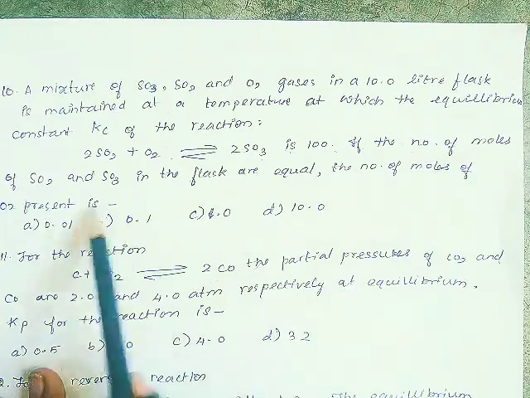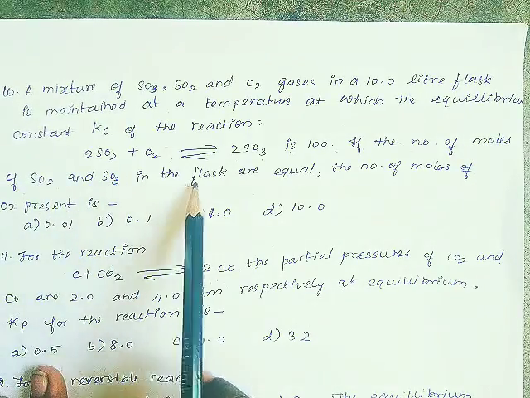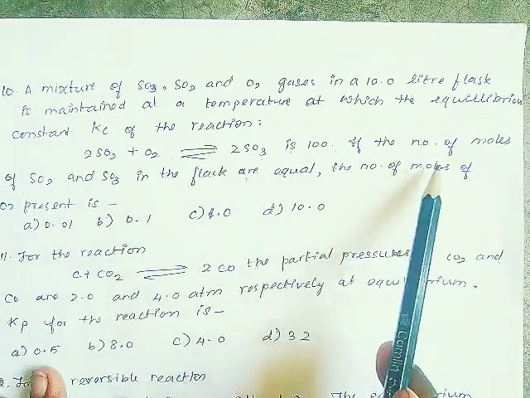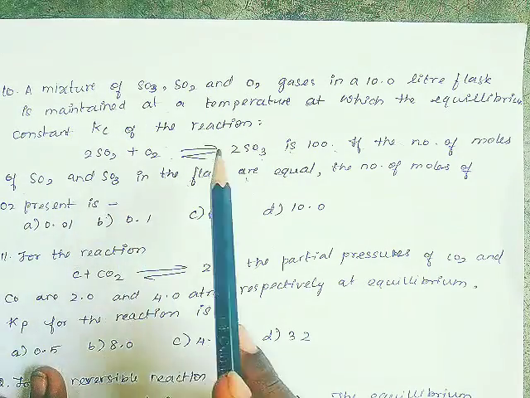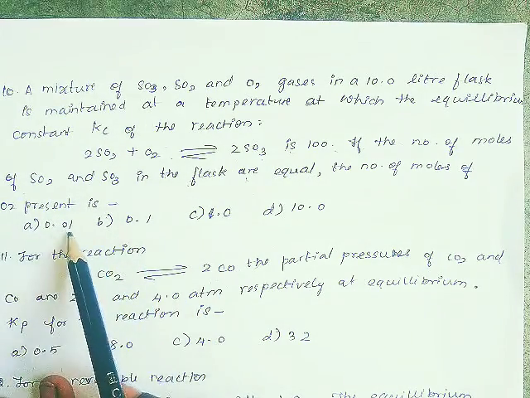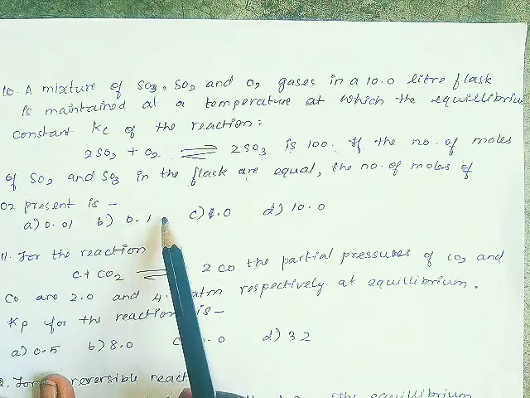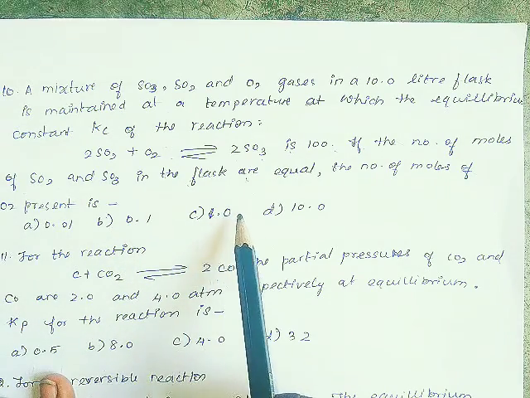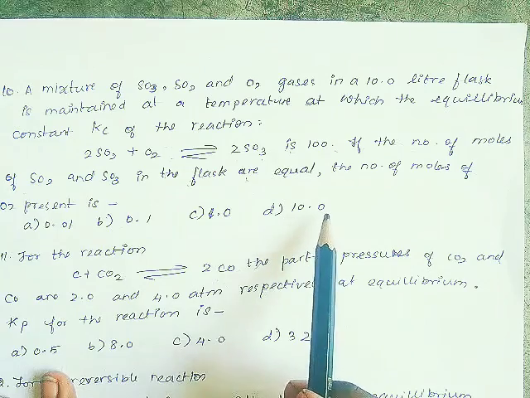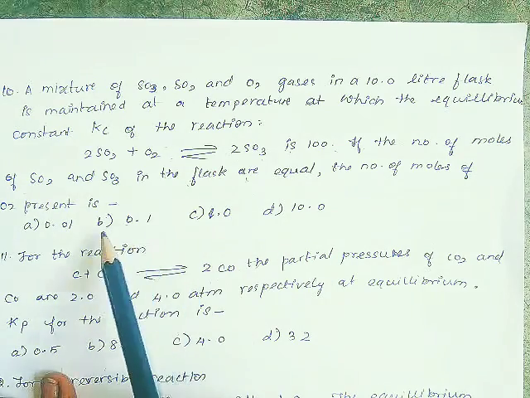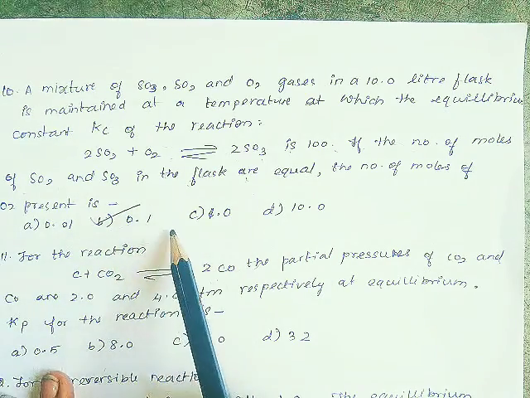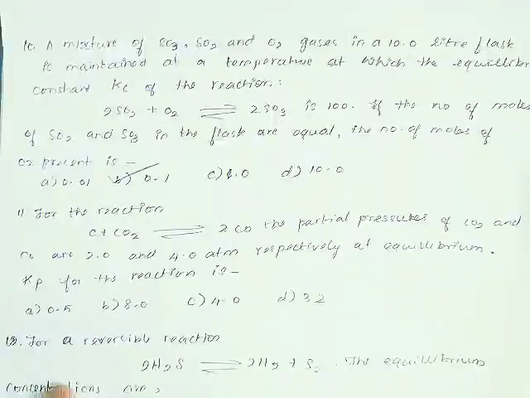If the number of moles of SO2 and SO3 in the flask are equal, the number of moles of O2 present is option A 0.01, option B 0.1, option C 1.0, option D 10.0, and the correct answer is option B, 0.1.